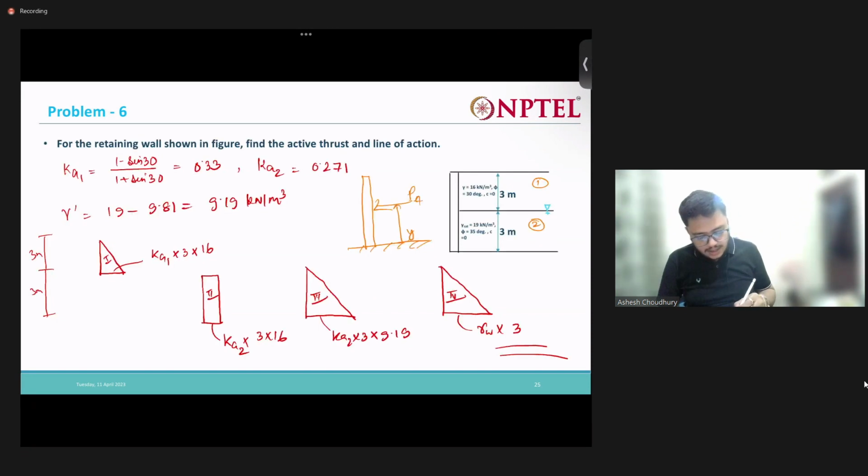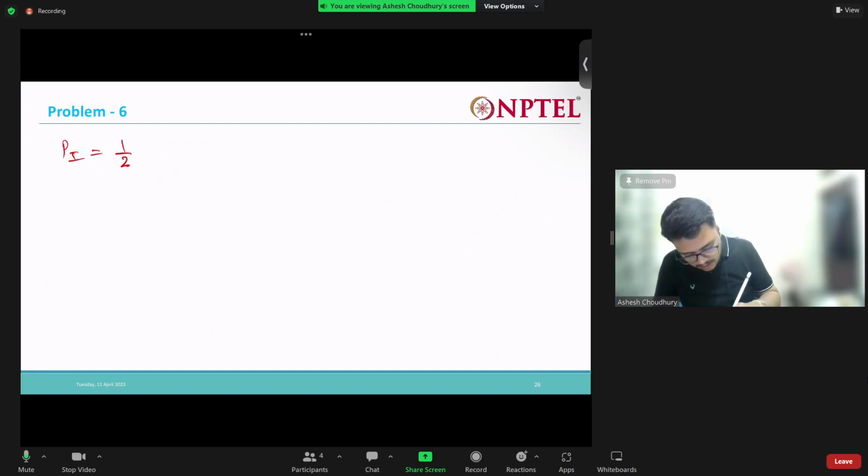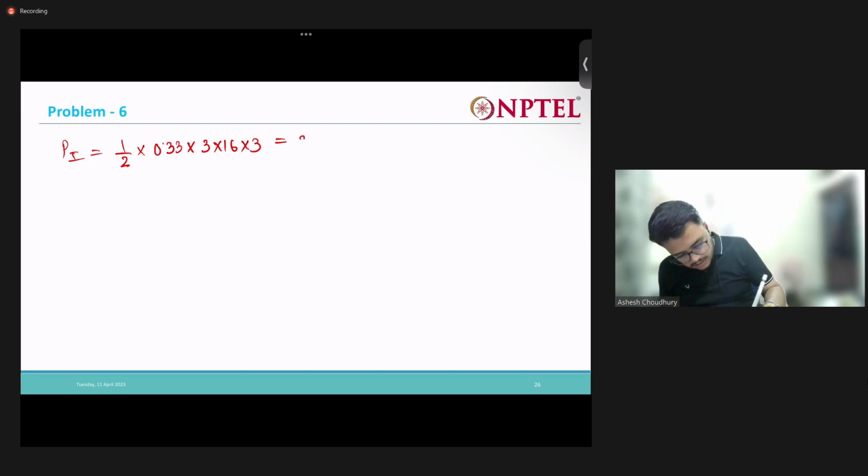P1 is area of this. This is half into 0.33 into 3 into 16 into 3. So it will be 23.76.